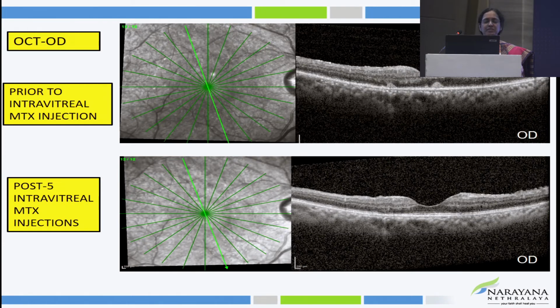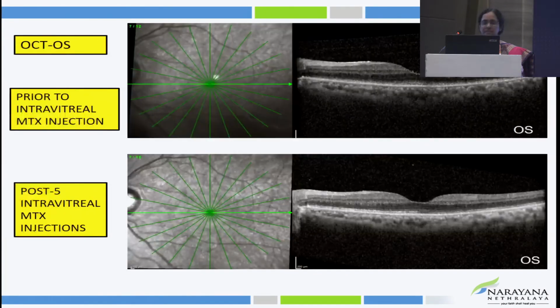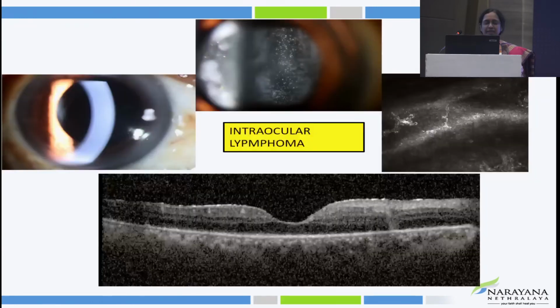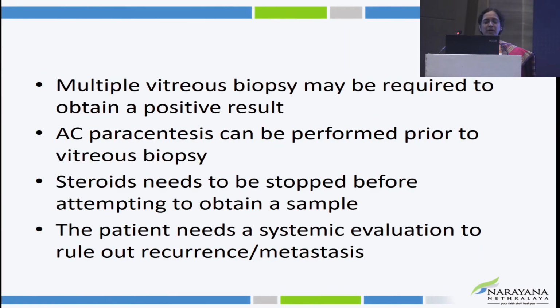We could see the disappearance of sub-RPE deposits. Same thing happened in the left eye. So here our patient had white keratic precipitates, anterior vitreous white cells, floral pattern of keratic precipitates, and vertical hyperreflective lines with sub-RPE deposits. These are imaging biomarkers for intraocular lymphoma.